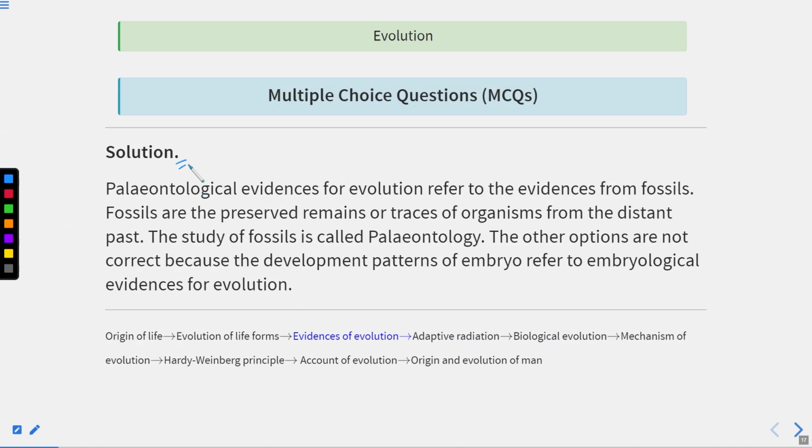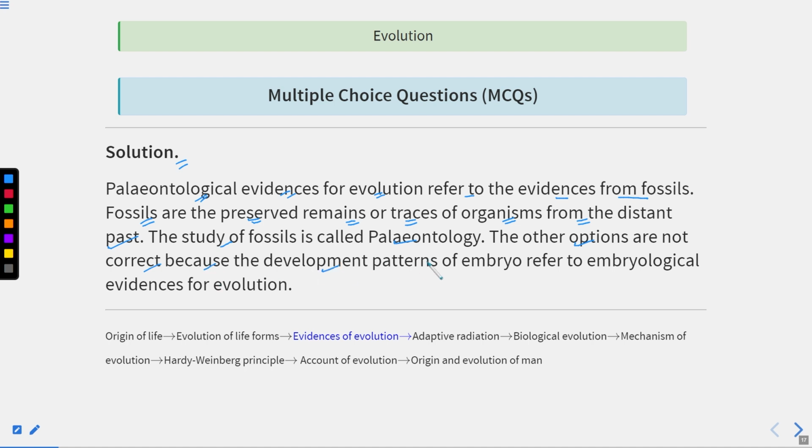Let's see the explanation. Paleontological evidences for evolution refer to the evidences from fossils. Fossils are preserved remains or traces of organisms from the distant past. The study of fossils is known as paleontology. The other options are not correct. Why?